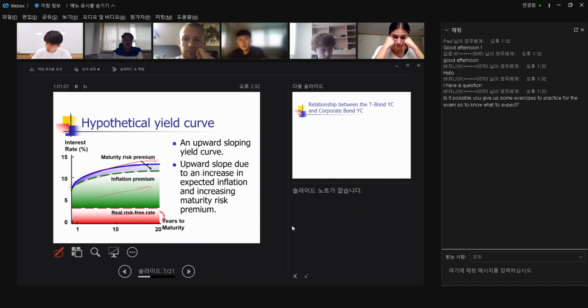Upward slope is due to an increase in expected inflation premium as well as maturity risk premium. So the reason why the yield curve shows upward is because inflation premium and maturity risk premium increase as time goes by, right?